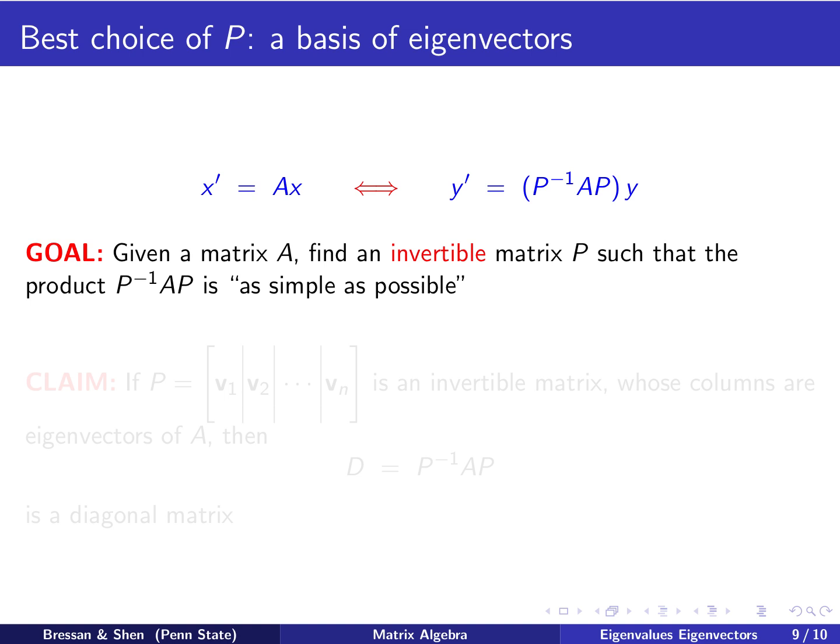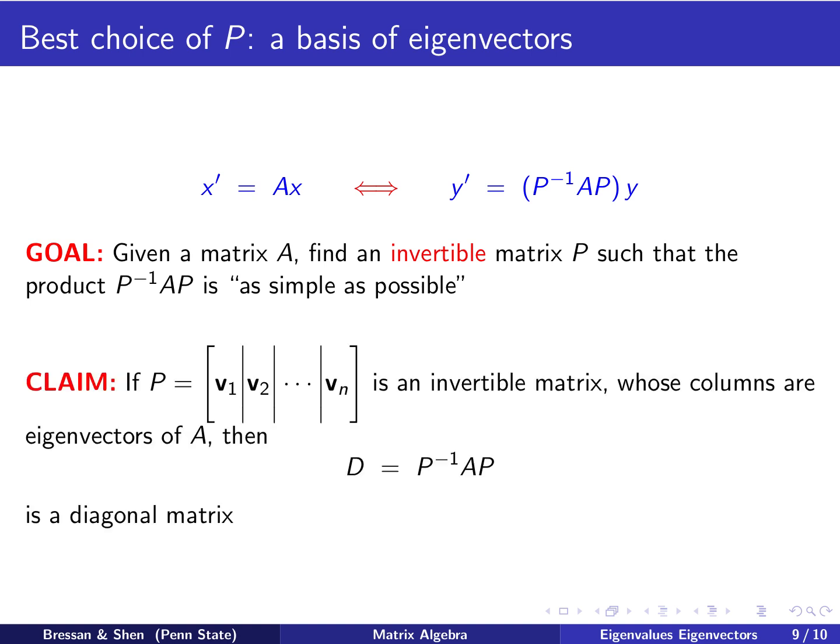Well, the goal here would be, given a matrix A, what we want to find would be a matrix P, which is invertible, so it's non-singular, such that the new transformation y prime, which is this matrix here times y, we want that matrix here to be as simple as possible, and then we'll come to a definition of what we mean by as simple. It shall be properly defined.